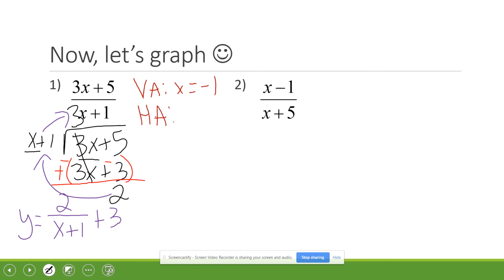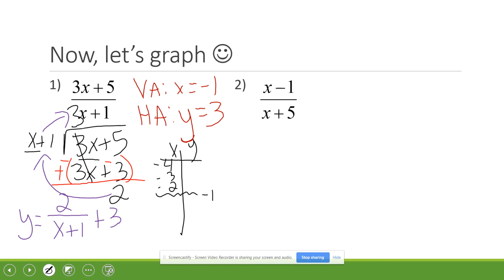Our horizontal asymptote is at y equals 3. My xy table then, remember, is going to be split by that vertical asymptote at negative 1. So I need 3 values less than negative 1 and 3 values more than negative 1.